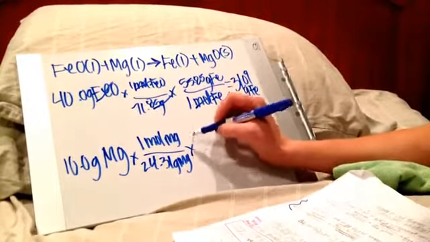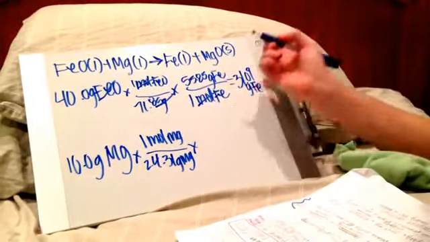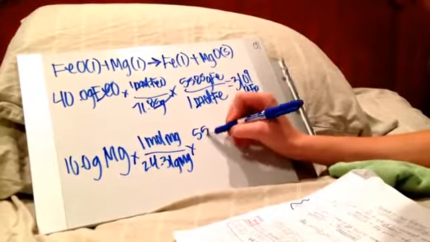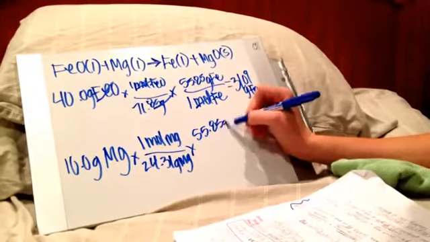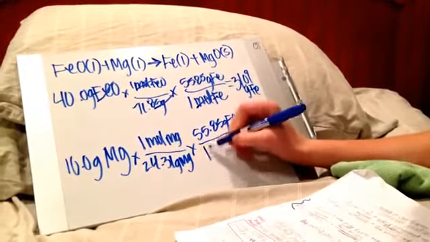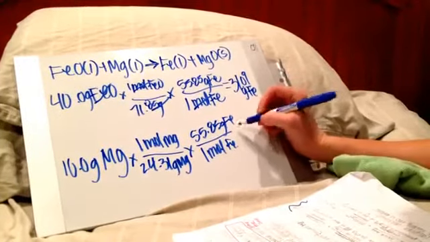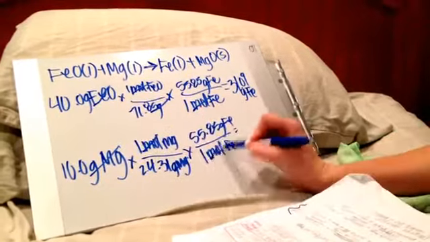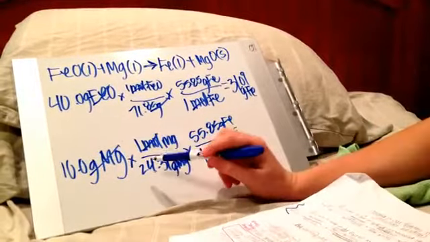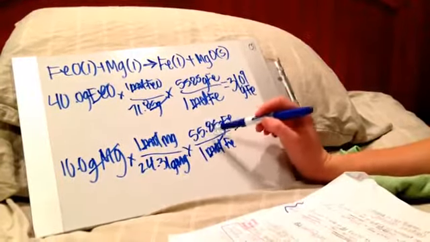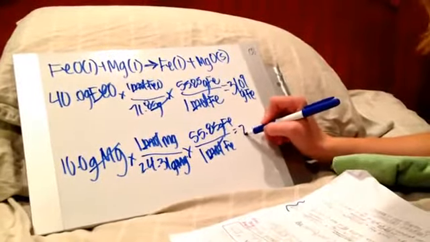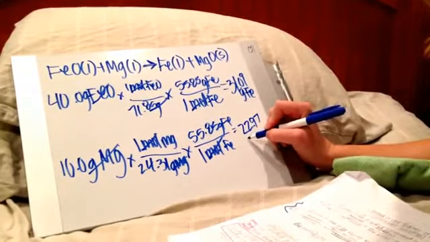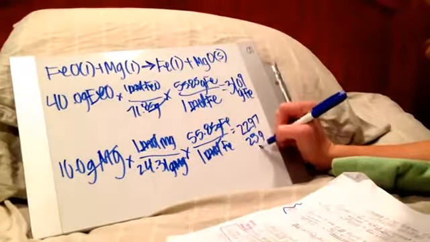And then we'll times that, the second bridge, it'll be the second part of the first one, basically, because we're still looking for iron, so it's 55.85 grams of iron over 1 mole of iron. And so if we do this out, it'll basically be 10 divided by 24.31 times 55.85. And this is going to give us 22.97. We can round that to 23 grams of iron.